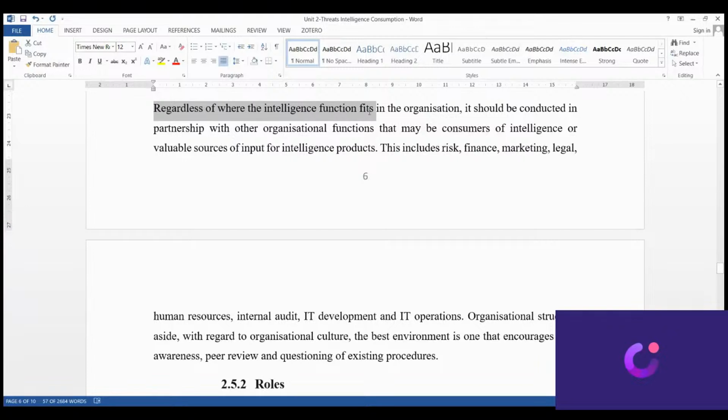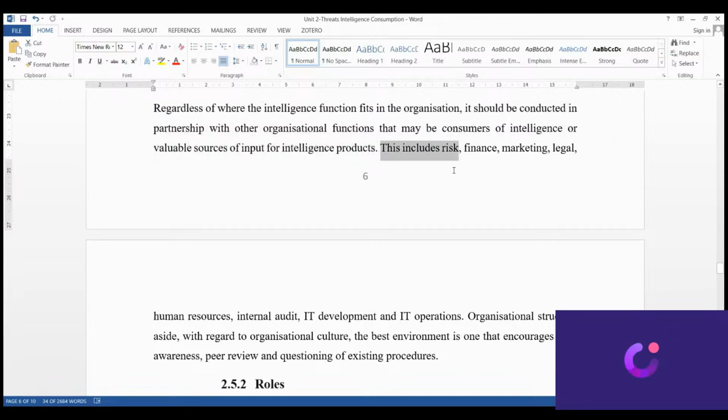So now, regardless of where the intelligence function fits in the organization, it should be conducted in partnership with other organization functions that may be consumers of the intelligence or valuable resources of input for intelligence product. So regardless of where it is, this should be considered as valuable input. Okay, it should not be isolated from other functions of the department.